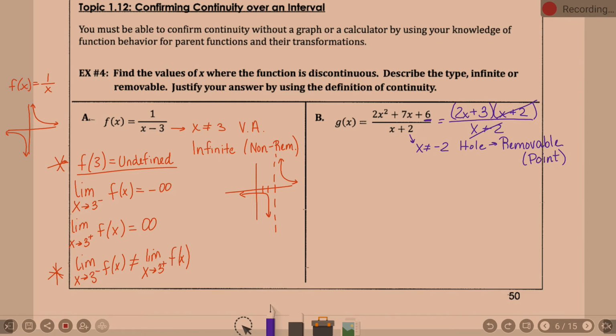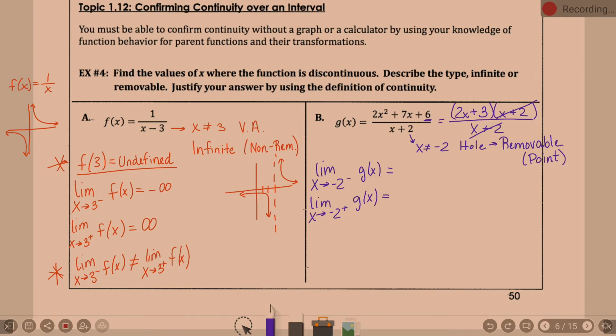Can we look at the limits? You can. Yeah. I mean, there's that hole, so that also is going to, what am I doing? As x approaches what? Negative 2. And it's technically of g of x, not f of x, only because g of x is what was defined, right? So, negative 2 from the right.